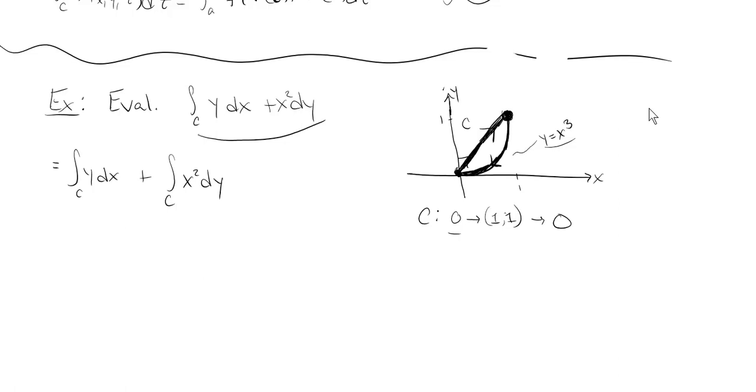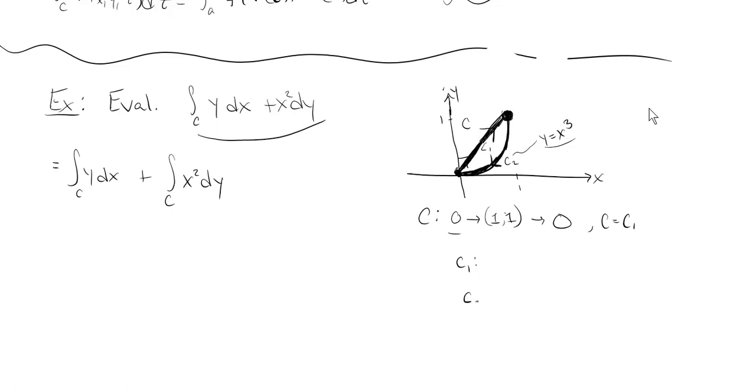You will notice though this is a piecewise smooth curve, so we need to establish that this whole thing is C1 union C2.